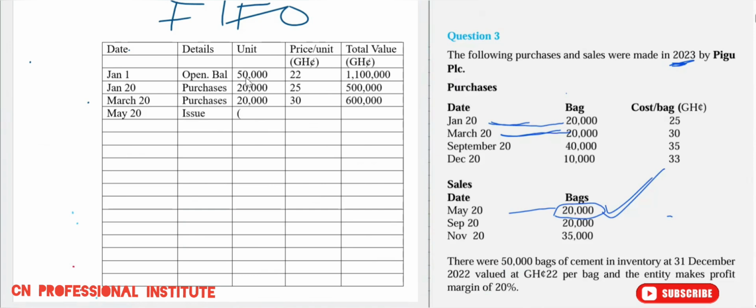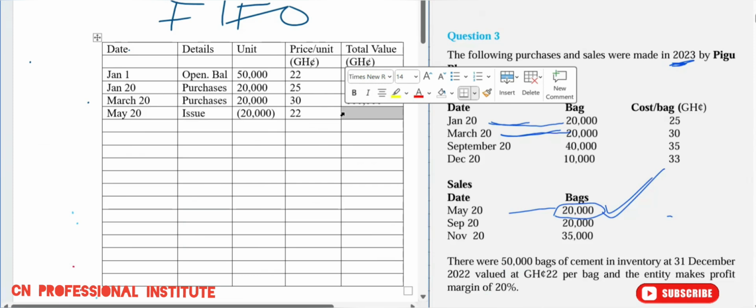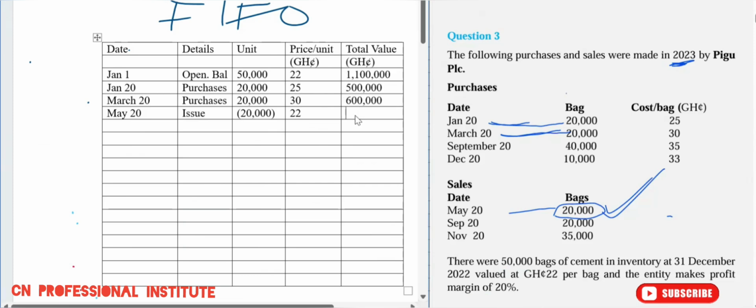We have to sell what came in first. So the 20,000 that we are selling should be from the opening balance at 22. So we're going to have 20,000 at 22, and that will give us 440,000.